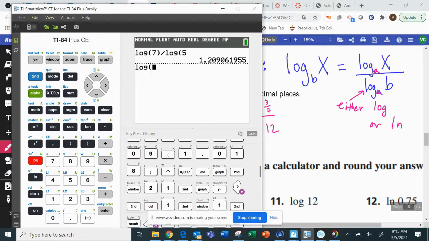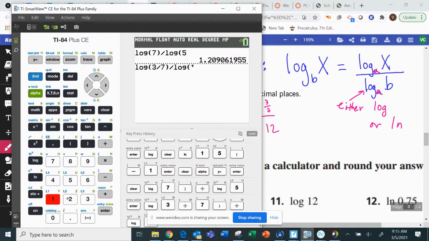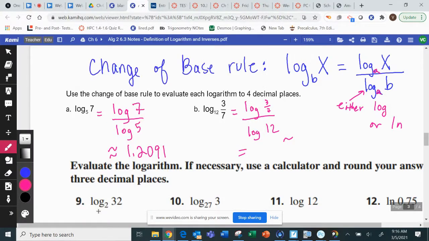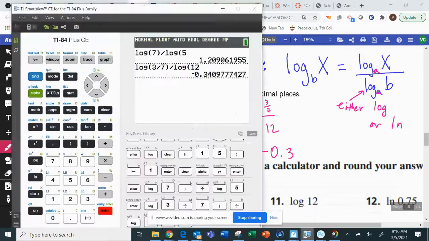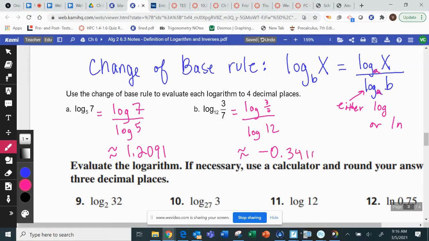Log 3/7, close parenthesis, divided by log 12. Enter. Got an answer. Negative 0.3 something. 410.